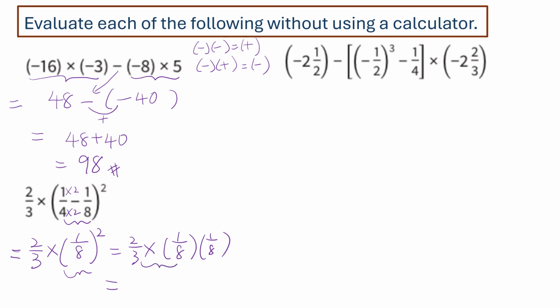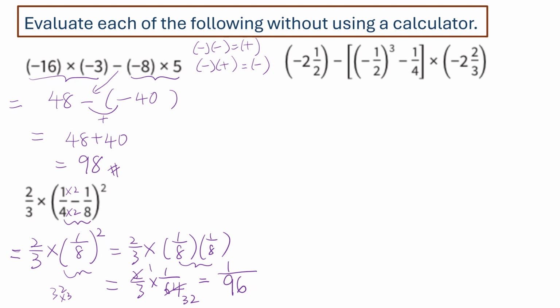Wait, hang on. We have to work this out first. So that will give us 1/64. And 2 times 1 gives you 2. 2 times 32 gives you 64. So 1/3 times 32, that will be 32 times 3, 96. Okay, so this is how we do it.